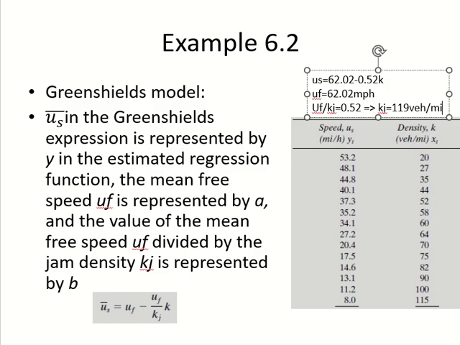Look at the data. Did they give me the speed when density is 55? Not here. But now I have the equation, so I can put 55 in the equation and get the value. So this is how we use it.